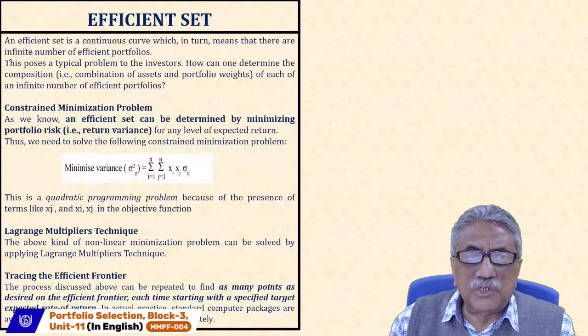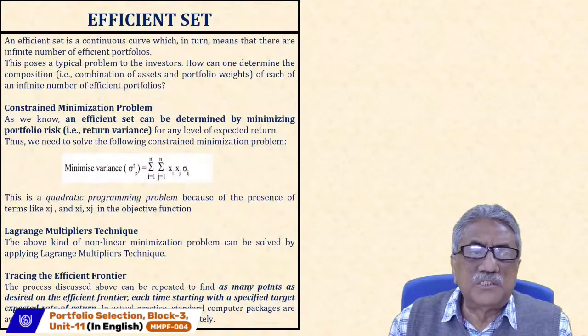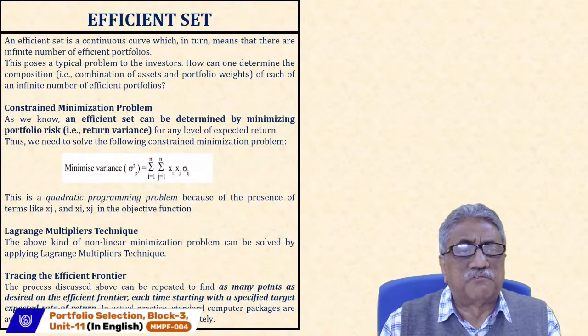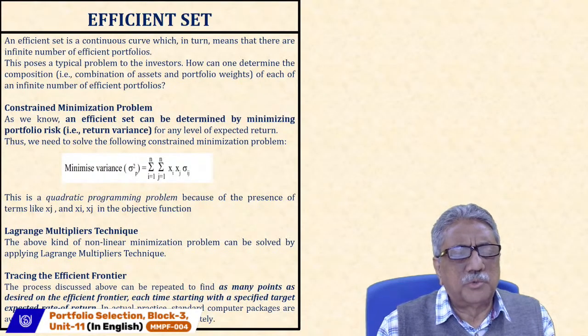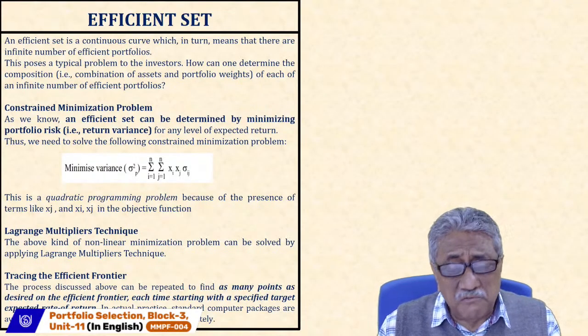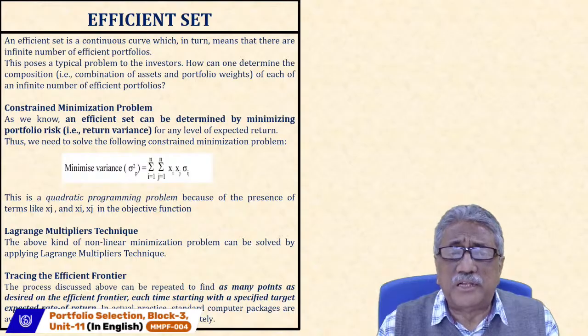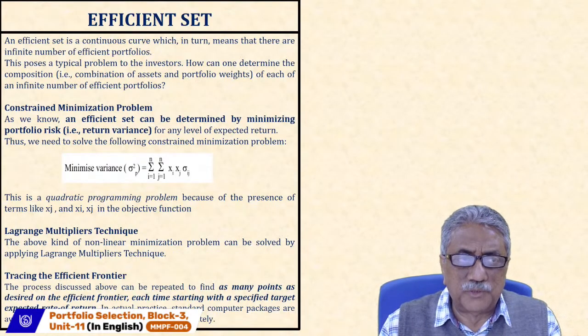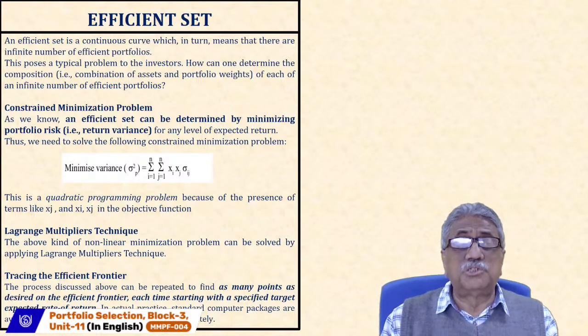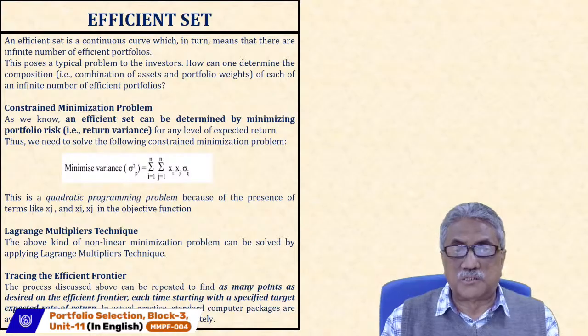The efficient set is a continuous curve, which in turn means there are an infinite number of efficient portfolios. There are so many stocks, so many investors, and so many risk and return combinations in this market. But this poses a typical problem to the investor, particularly institutional investors.